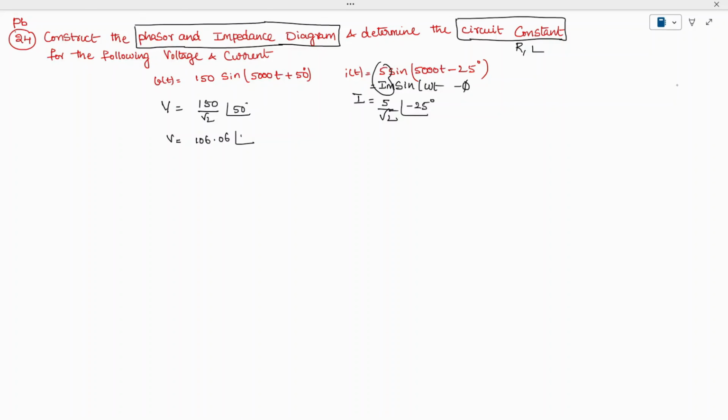Therefore, with your calculator, V we are going to get as 106.06 at an angle of 50 degrees, and current I as 5 divided by root 2, which is 3.53 at an angle of minus 25 degrees.